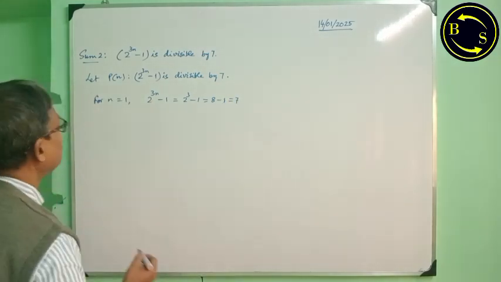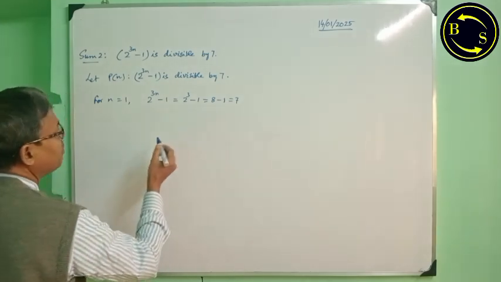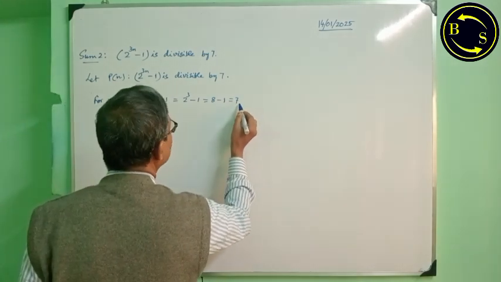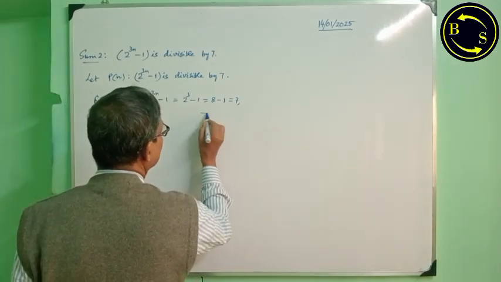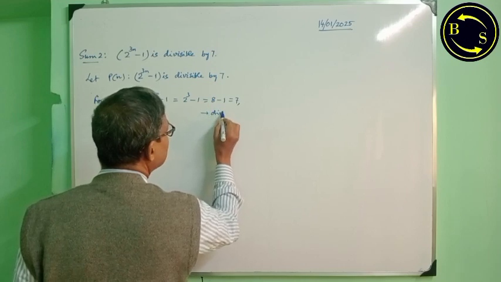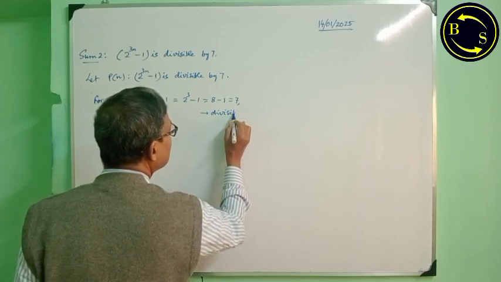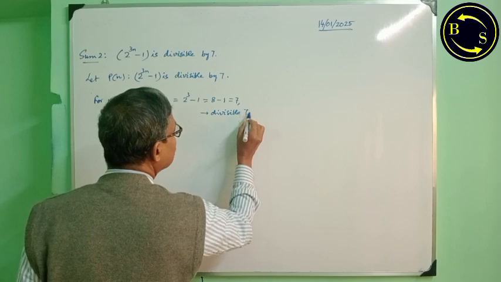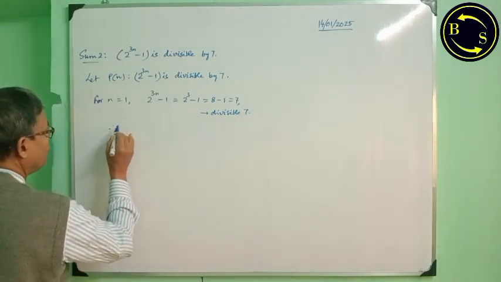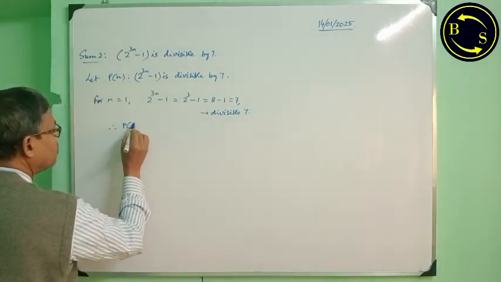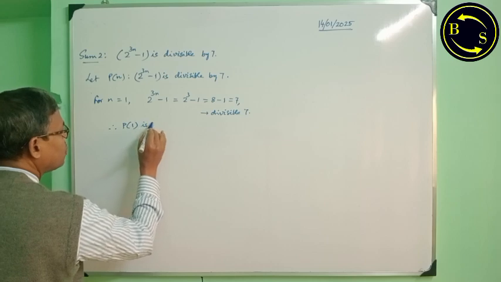Naturally divisible by 7. We just mention divisible by 7. Therefore, P1 is true.